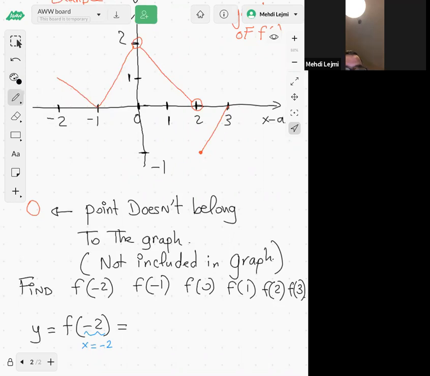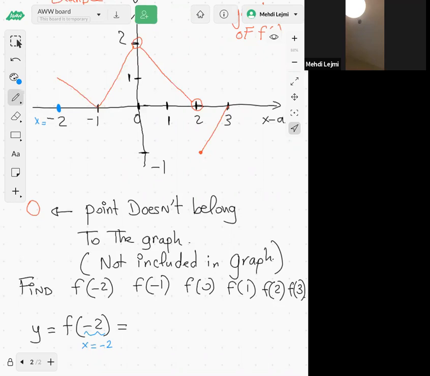So I have to go to my x-axis, the horizontal axis. So x equal to -2 is here, right?